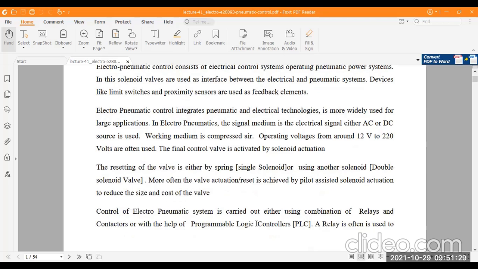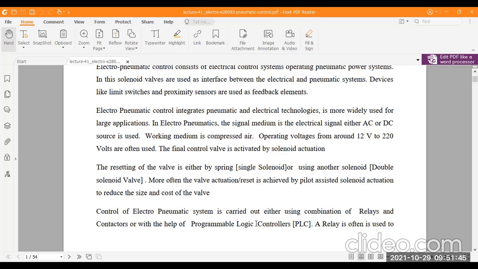Okay, and this pneumatic controller basically works with pneumatic and electrical technologies. It is more widely used for large applications. So I have given the application area of the pneumatic controller.